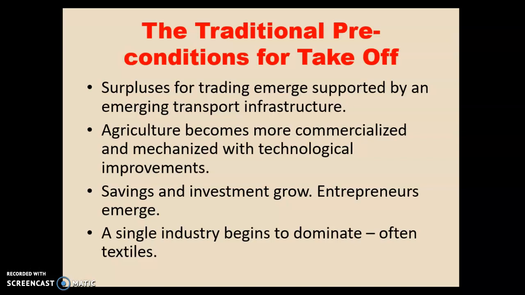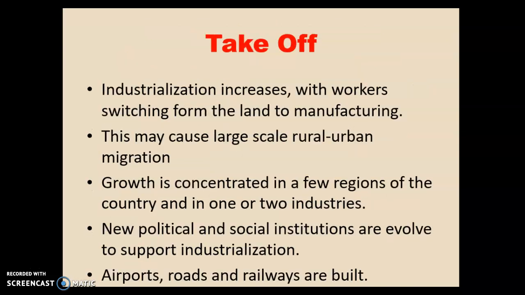Now, in the time that Rostow was looking at, this was often textiles. Then we've got takeoff, so we've got industrialisation. Workers move from the countryside into cities or into larger urban areas. We see growth poles.